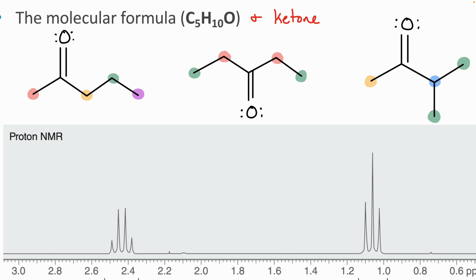And how many hydrogens are there in that red group? 2, so we would expect a triplet here. And red's only neighbor is green. And how many hydrogens are in that green group? Oh, I put that in the wrong place, I'm sorry. Green is our triplet. And then red's only neighbor is green, and how many hydrogens are in the green group? 3. So that's where we're going to get our quartet.